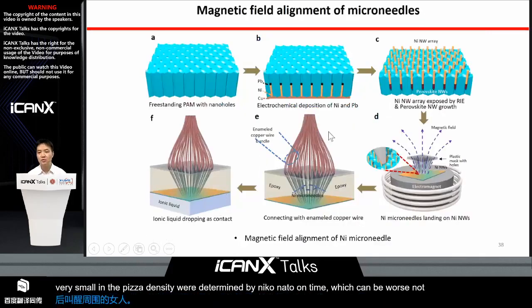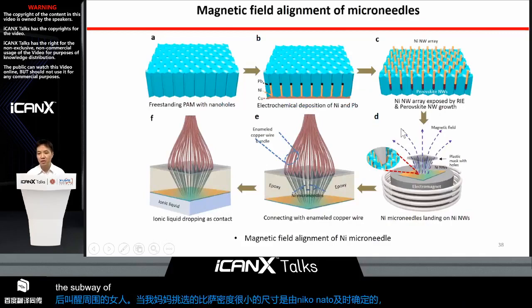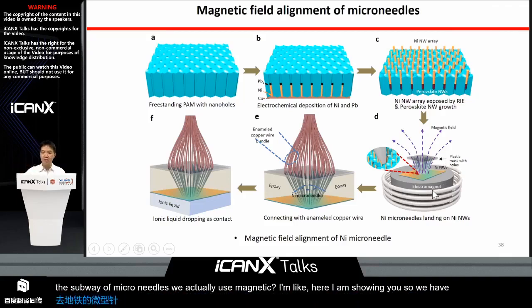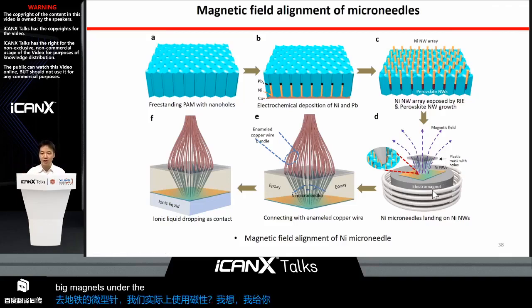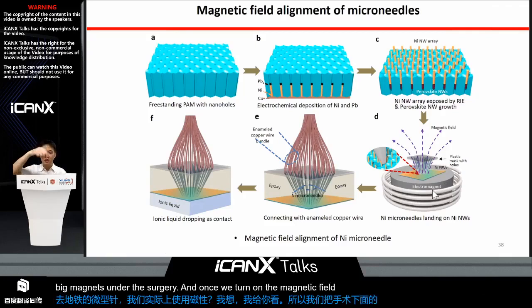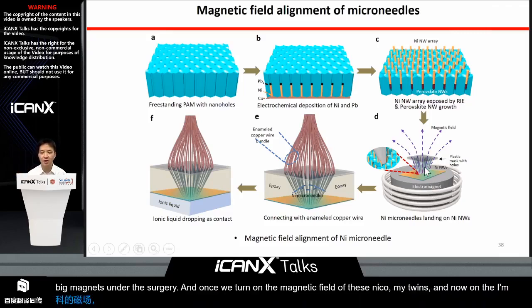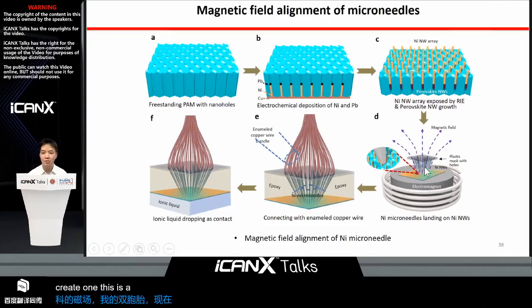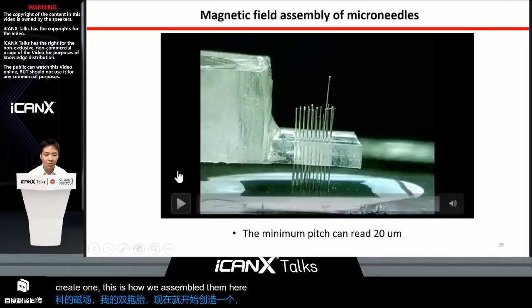And how did we do the assembly of the microneedles? We actually use a magnetic field. Like here, I'm showing you, we place a big magnet under the substrate. Once we turn on the magnetic field, these nickel microneedles can stand up on the nanowires pretty well. This is how we assemble them. Here is also a short video.